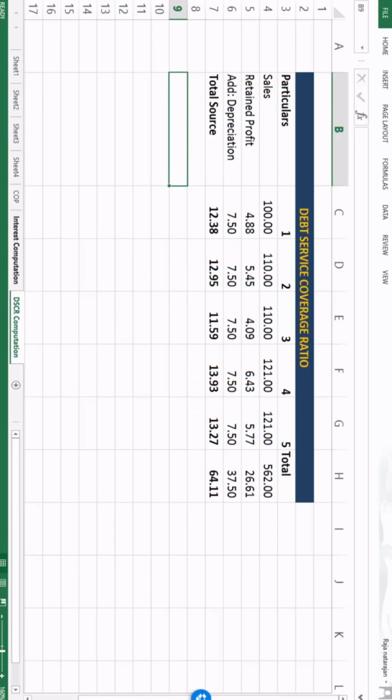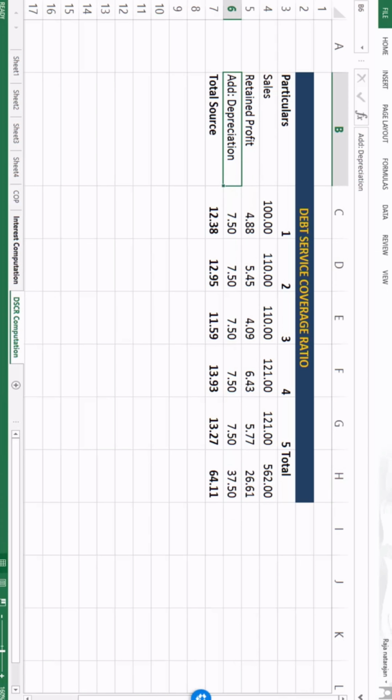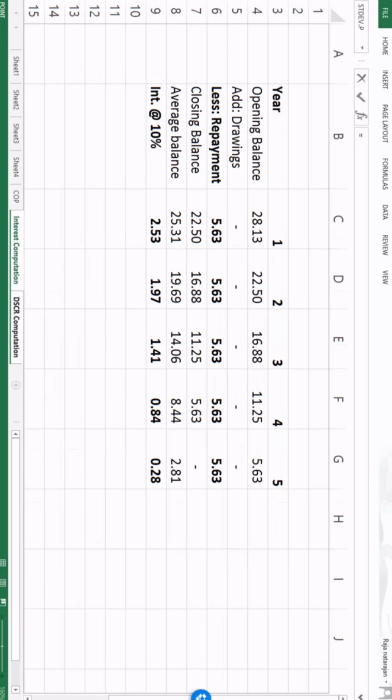Now let us capture the repayment obligations. Now we are talking about only the profit which is necessary to pay the principal. And why not interest? Because this is the profit which is after considering the deduction of interest. So let's focus only on principal. Okay, so what is going to be the principal payment? We have it here in the interest computation.